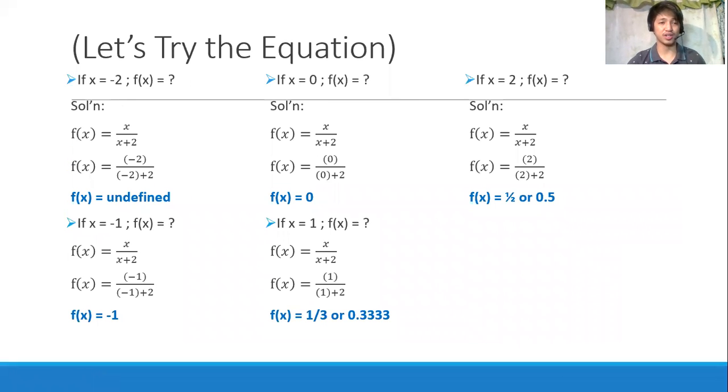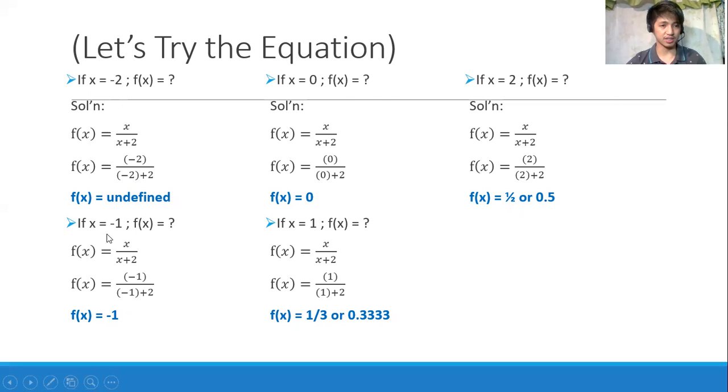If x is equal to negative 2, then f of x is unknown. For the solution, we just substitute the value of x in order to solve for f of x. So negative 2 over negative 2 plus 2 will give you undefined, because negative 2 divided by 0 is undefined.